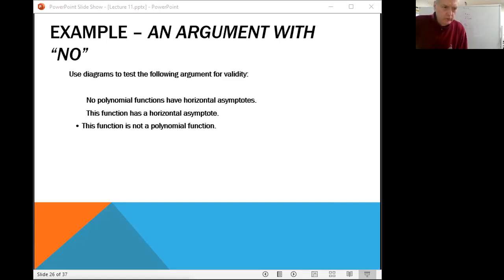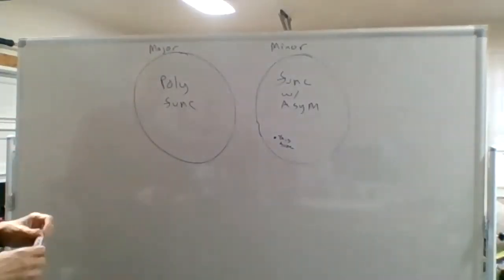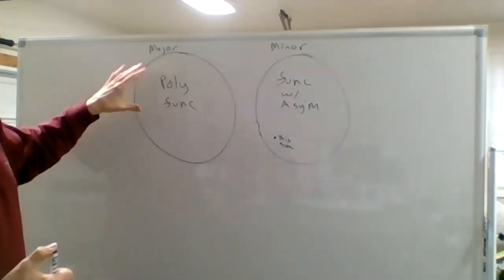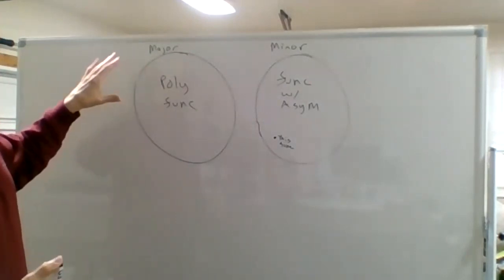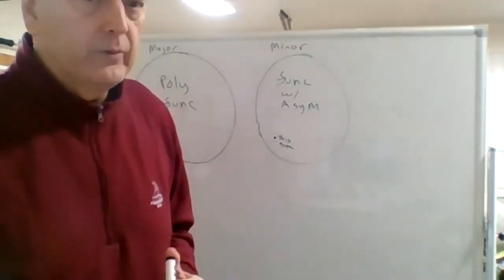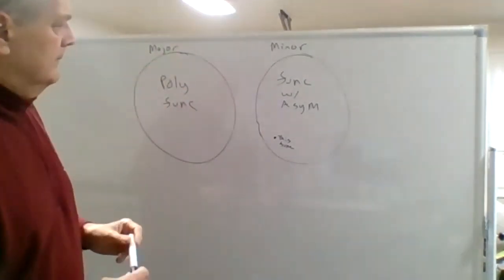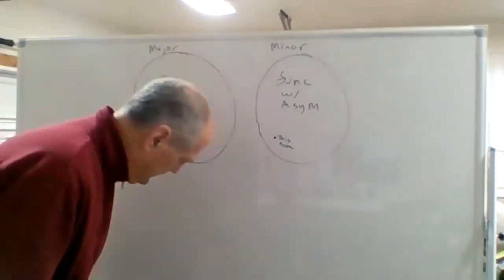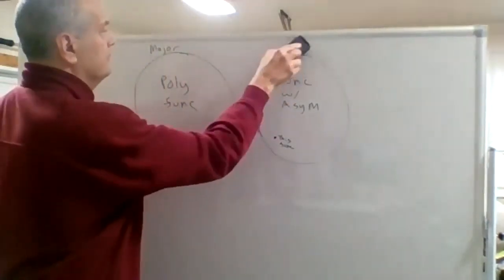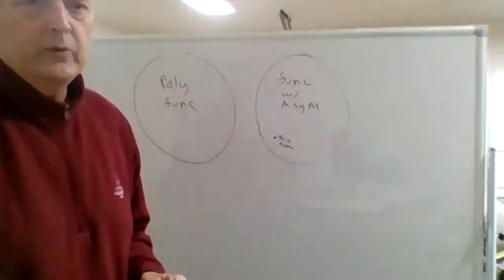Okay, let's take a look at this one diagrammatically. So our major premise is that we have polynomial functions, and no polynomial functions have asymptotes. This is the major premise. And then we have this particular function.